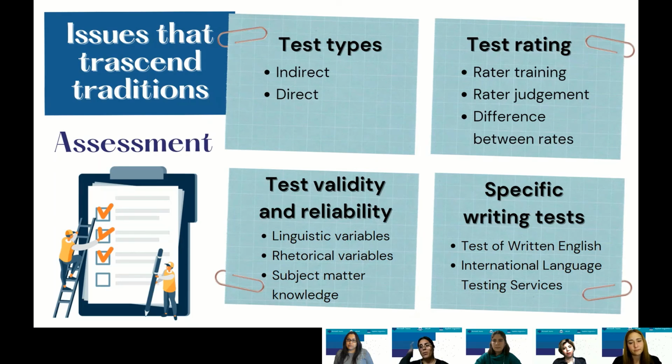For example, writing proficiency exams, entrance and exit exams, and placement exams have been described, but more specifically, the Test of Written English, TWE, the English as a Second Language Composition Profile, and the writing subtests of the International English Language Testing System, also known as IELTS.